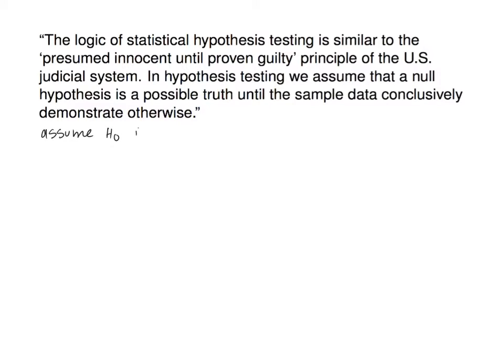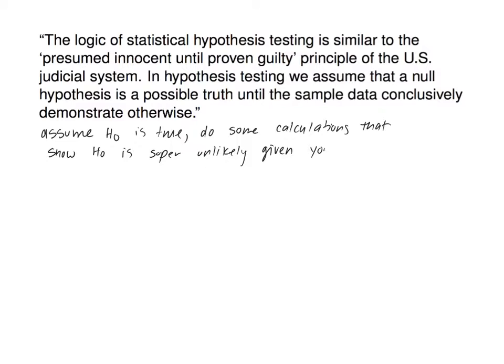So you assume H0 is true. You do some calculations that show something. The one thing that they might show is that H0 is, say, super unlikely, given your data.